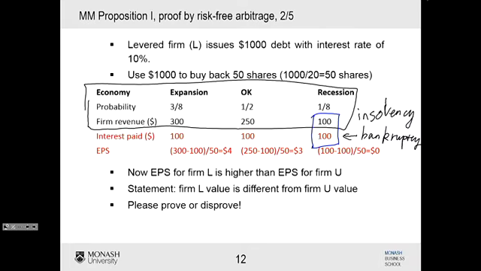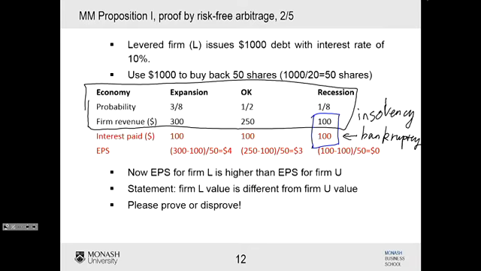It's not 100 anymore, because you issued $1,000 debt and used that proceeds to buy back 50 shares. So shares outstanding is only 50. Therefore, the earnings per share in the expansion scenario becomes $4. In the same scenario, when the economy is okay, 250 income minus 100 interest payment divided by 50, earnings per share becomes $3 per share.